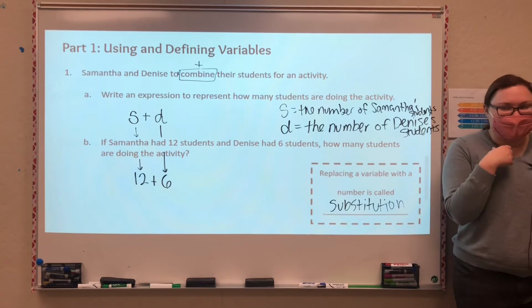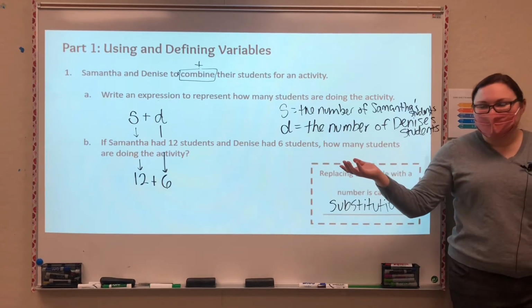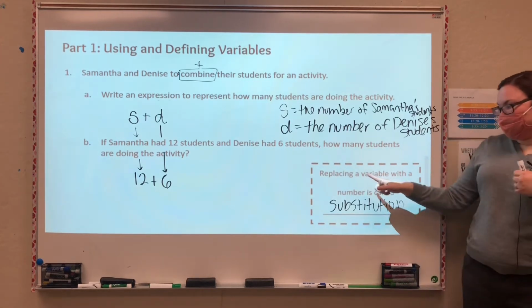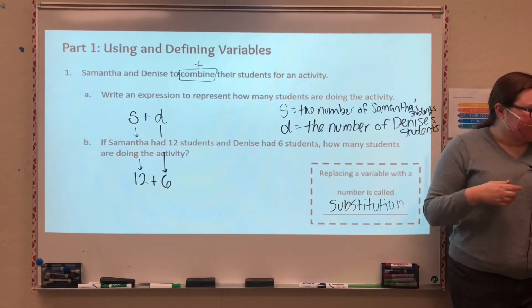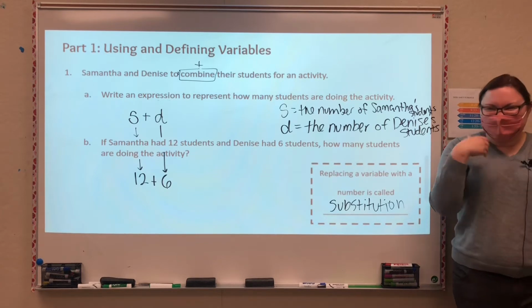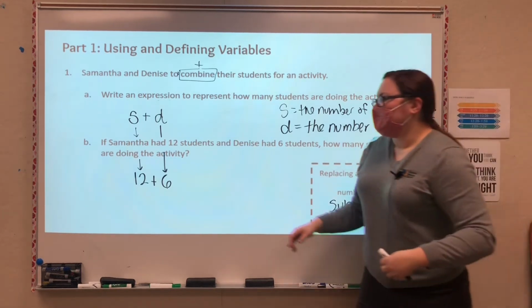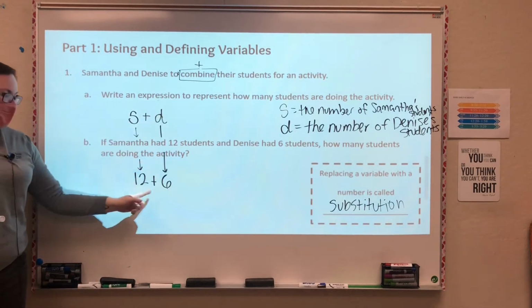Substitution is like substitute teacher. If I wasn't here one day, they would substitute me with a substitute. They would replace me with someone else. But I'm here, so there's no substitute. But substitute, just think of this idea of replacing. You're replacing something with something else. So over here, that's what you did. You replaced our letters with these numbers.